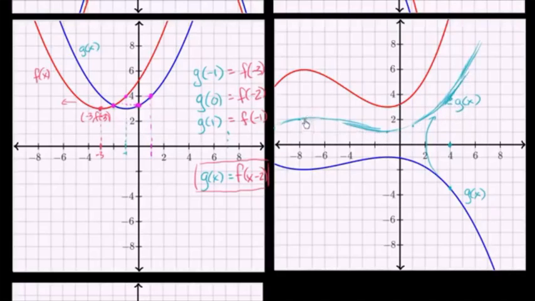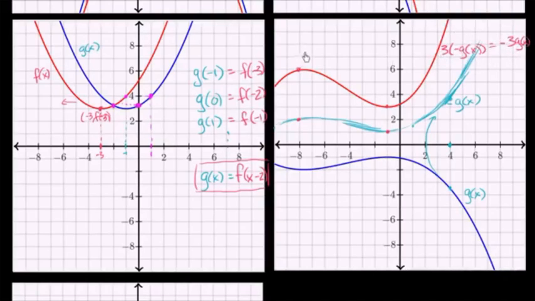It looks like we actually have to triple this value for any point. And you see it here. This gets to 2, but we need to get to 6. This gets to 1, but we need to get to 3. So it looks like this red graph right over here is 3 times this graph. So this is 3 times negative g of x, which is equal to negative 3 g of x.